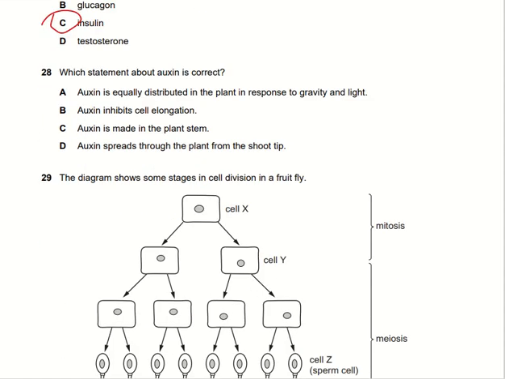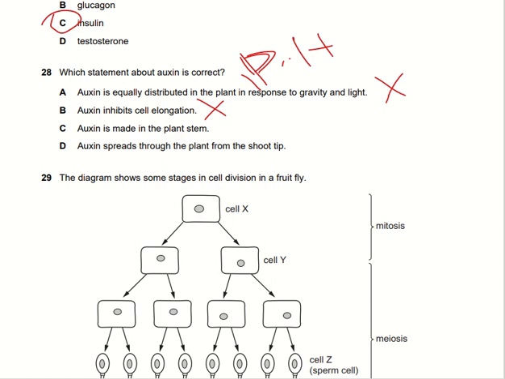Which statement about auxin is correct? Auxin is basically a plant hormone, and it is involved in plant processes. Auxin is equally distributed in the plant in response to gravity and light. No, it is not equally distributed. It is not related to that particular gravity and light. Auxin inhibits cell elongation. No, it increases cell elongation.